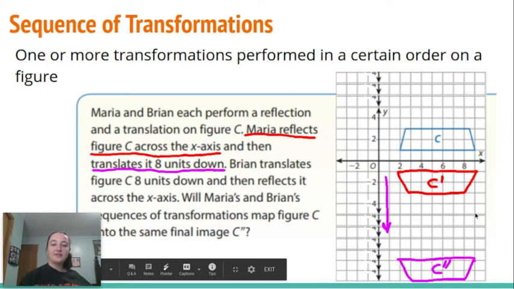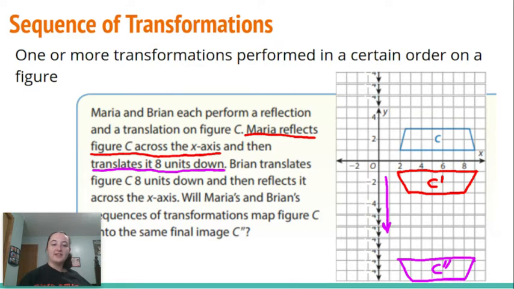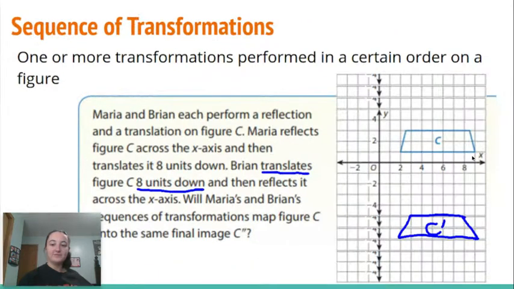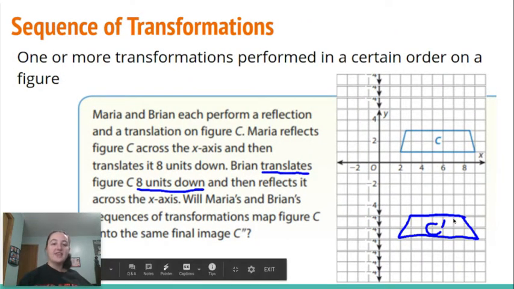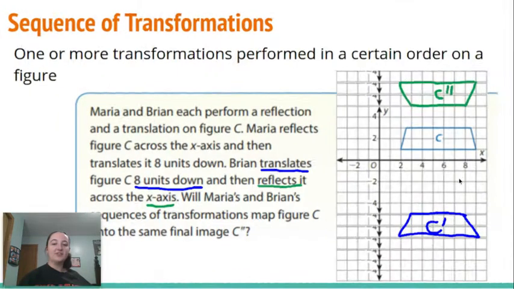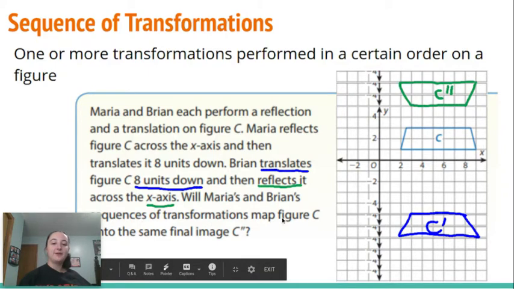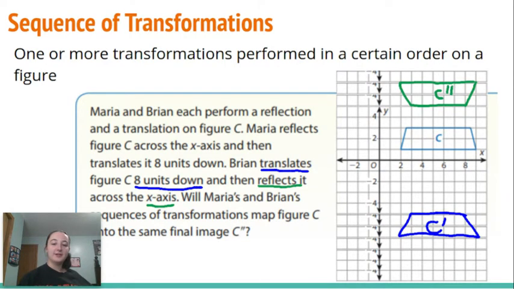From there, we see that Brian translated figure C 8 units down and then reflects it. So Brian starts by translating, so he goes 8 units down to make this new figure, and then he reflects that along the x-axis. So this would be his final figure. The question is, will Maria's and Brian's sequences of transformations map figure C onto the same final image for C double prime?